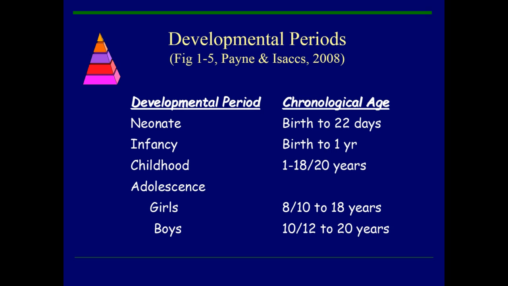Neonacy. That is the specific sub-window of time during infancy. From birth to 1 year is infancy, but a special term is given to a neonate from birth to 22 days. This takes on a special meaning, especially for families with premature babies.